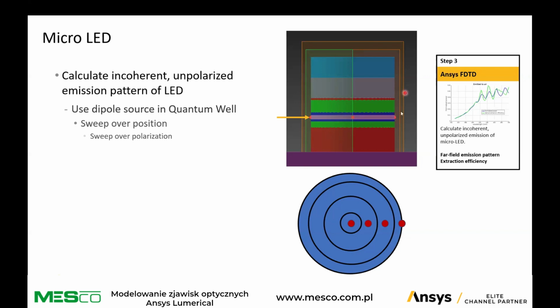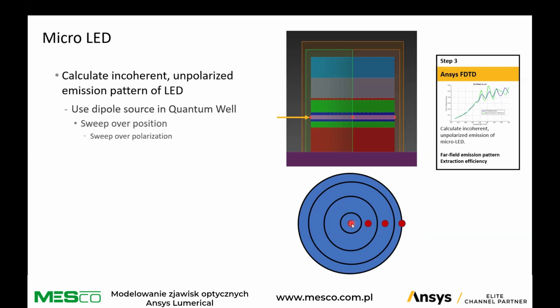Here we have an easy case because the LED has a cylindrical symmetry, and so we will use that to simplify the workflow. Because of this cylindrical shape, we can limit the workflow to sweeping the position of the dipole along the radius of the micro LED, and we don't need to change anything else, because from that position we can interpolate or deduce the emission from any angle along this LED.